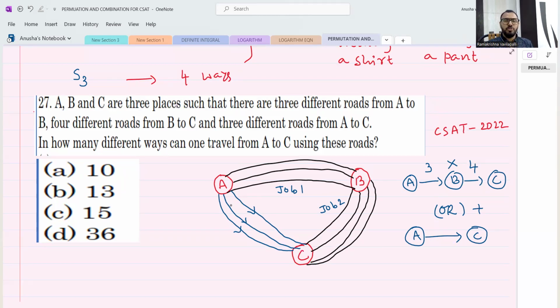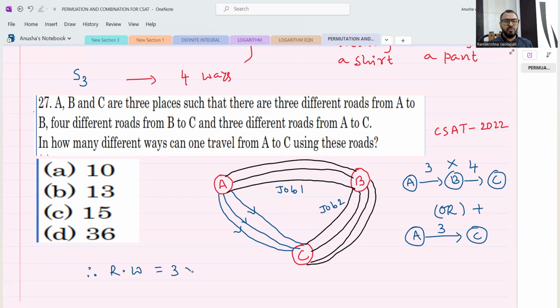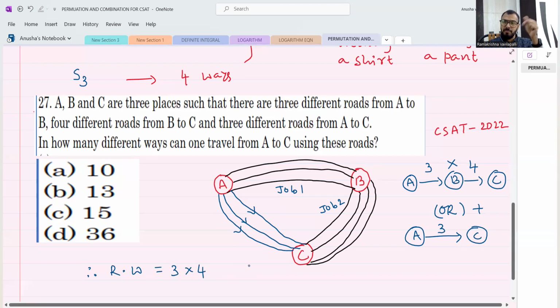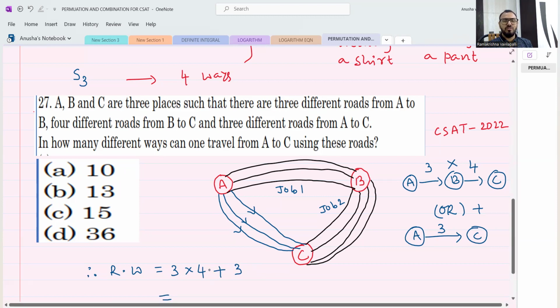Or you can directly travel from A to C, as there are 3 routes from A to C. So the required ways equal 3 into 4, that is via B, or directly from A to C. So this is equal to 12 plus 3 equals 15.